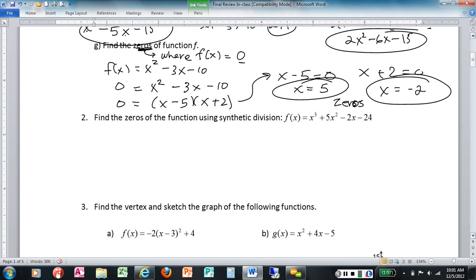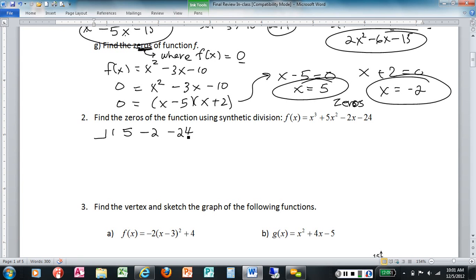Remember, synthetic division is where we put a number here to divide by. And then I'm going to divide that number into the coefficients, just using the coefficients: 1, 5, negative 2, and negative 24. I'm going to synthetically divide this function's expression by some number.